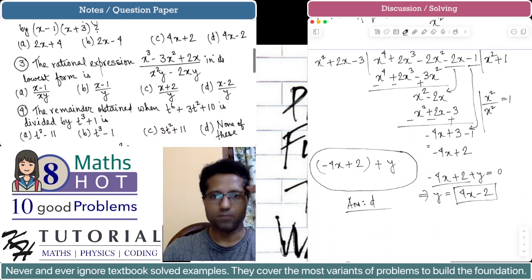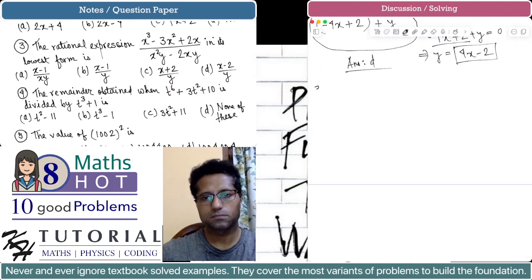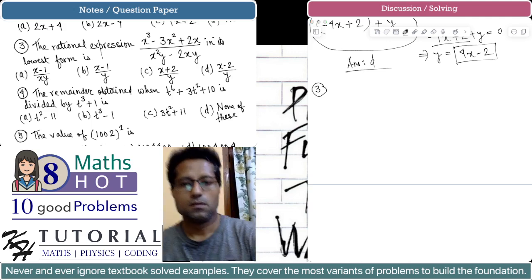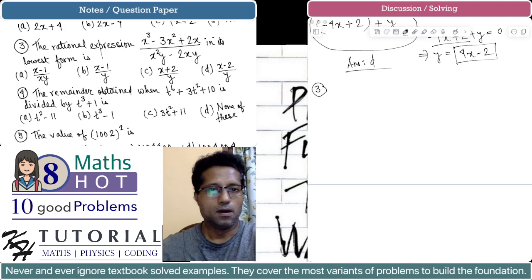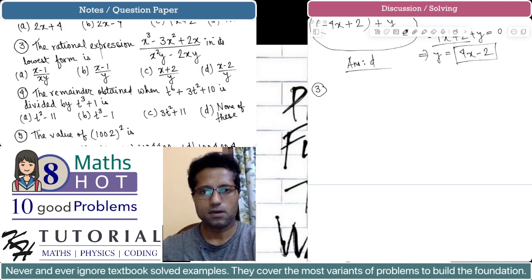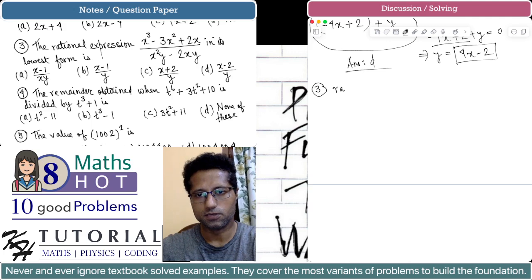Okay, let's do problem number 3. The rational expression in its lowest form is... A rational expression means, like rational numbers, which are of the form p by q, where p and q are integers and q is not equal to 0.